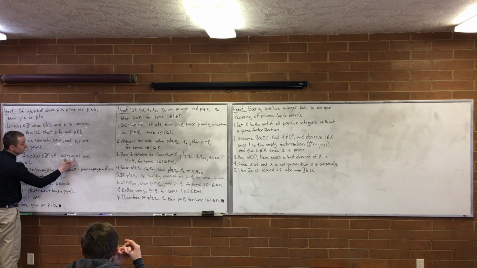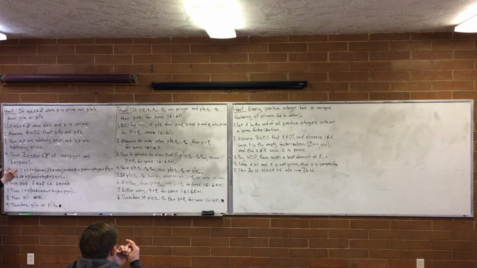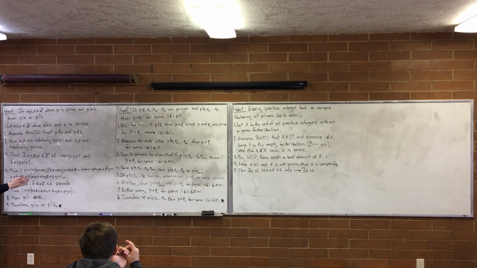Finding these numbers x and y is something we did over and over again. You had to use Euclid's algorithm to do that, when you're doing the back substitution. Remember that? Similarly, since B and P are relatively prime, there exist z and w such that this sum is 1.